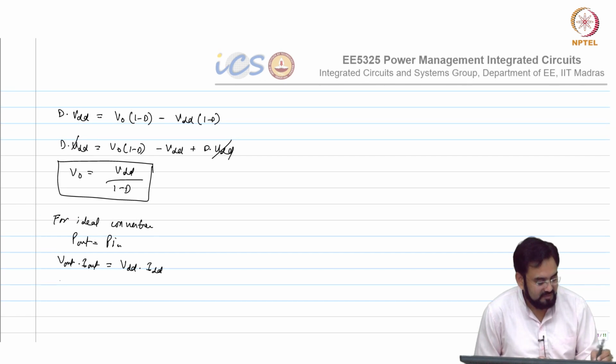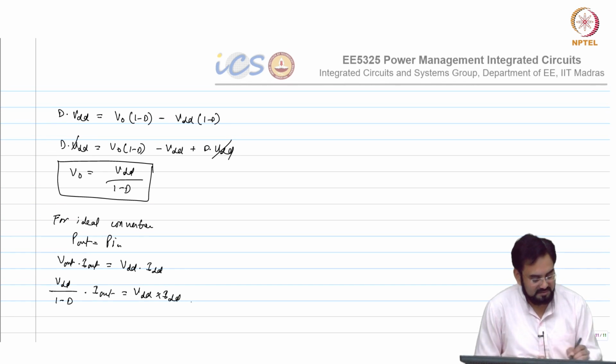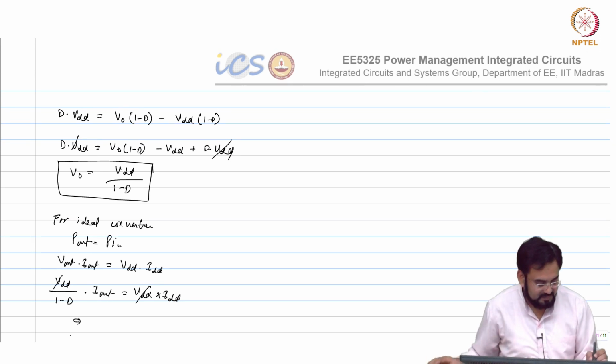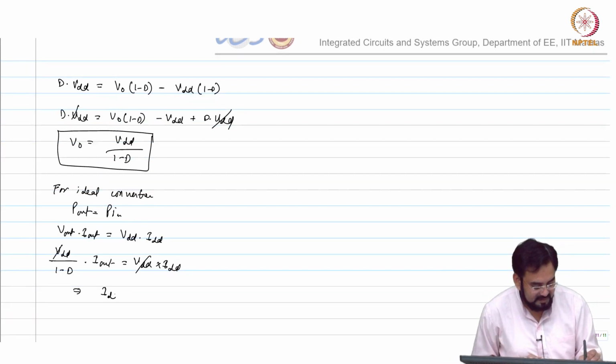And V out we already know. What is V out? VDD over 1 minus D into I out equal to VDD into IDD. So, what is IDD here?